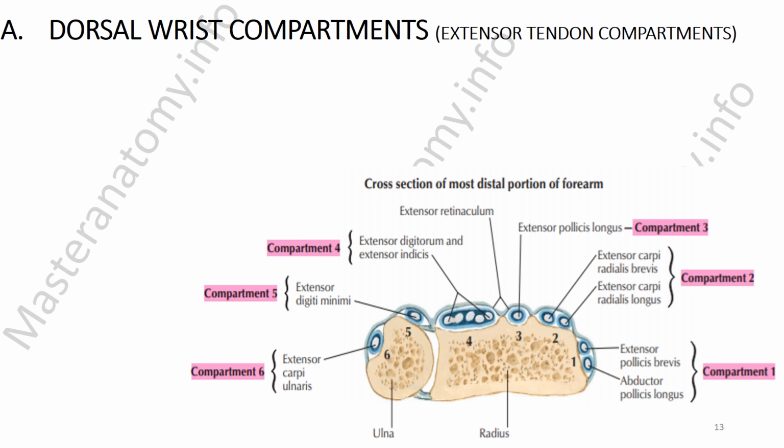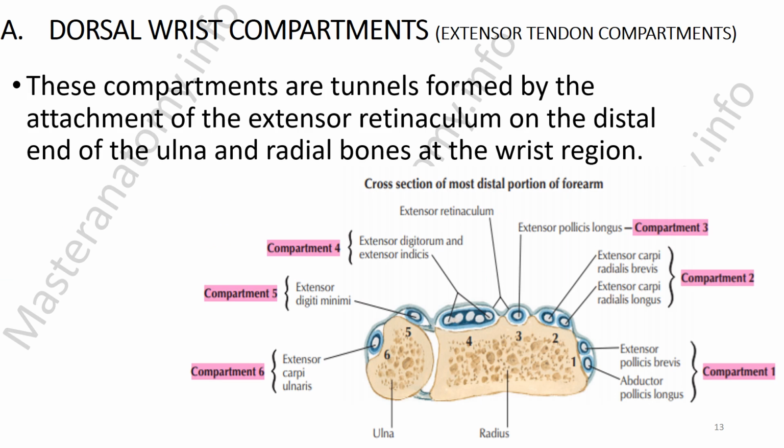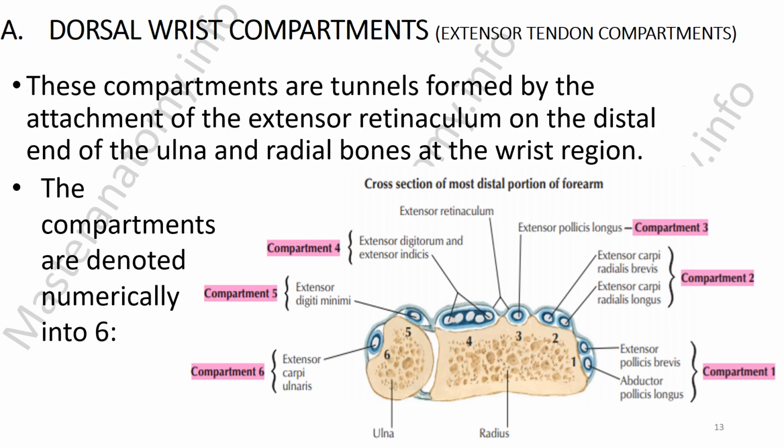So the dorsal wrist compartment, also known as the extensor tendon compartment, is the compartment in the wrist region, and it's denoted numerically into six. It is formed by the attachment of the extensor retinaculum on the distal end of the radial and the ulnar bone.